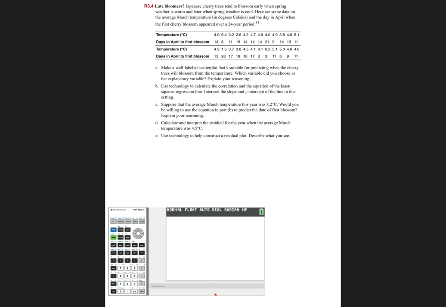Okay, for question A, they say make a well-labeled scatter plot that's suitable for predicting when the cherry trees will blossom from the temperature. Which variable did you choose as the explanatory variable, and explain your reasoning? So I think it makes sense to use temperature for the explanatory variable.